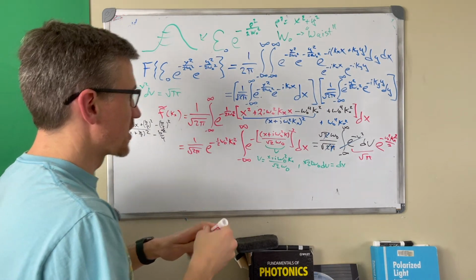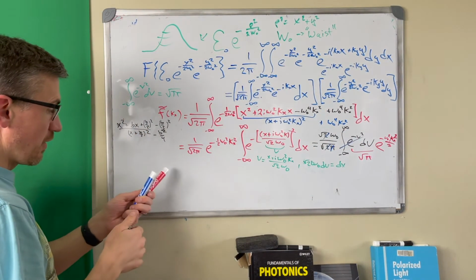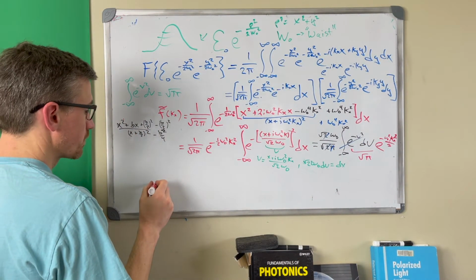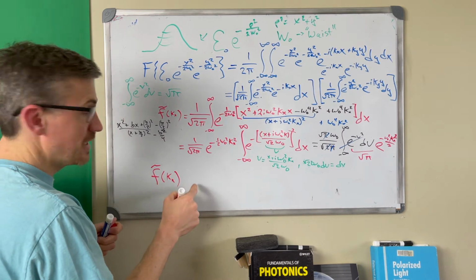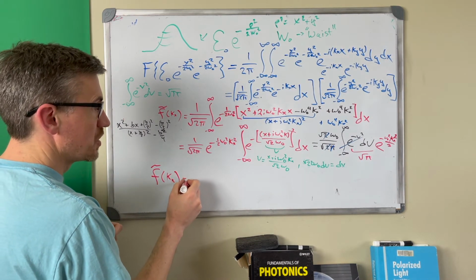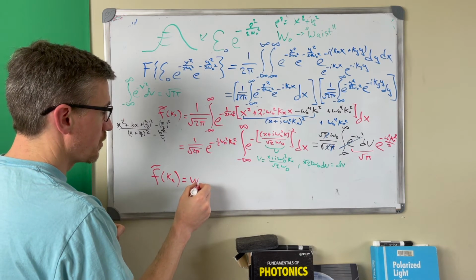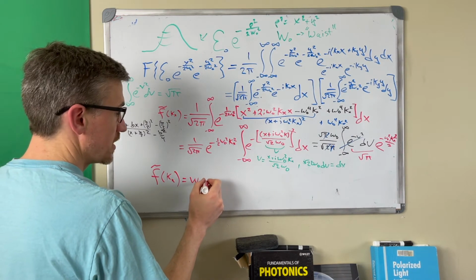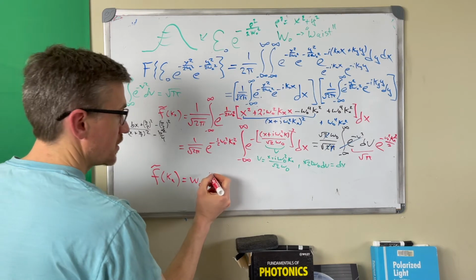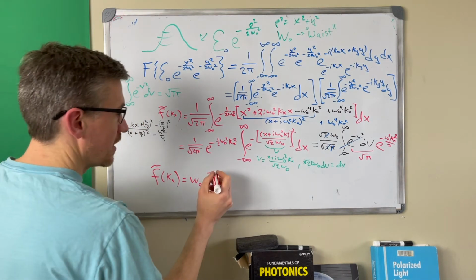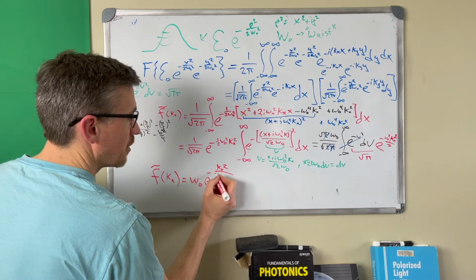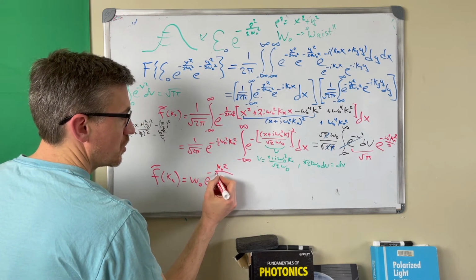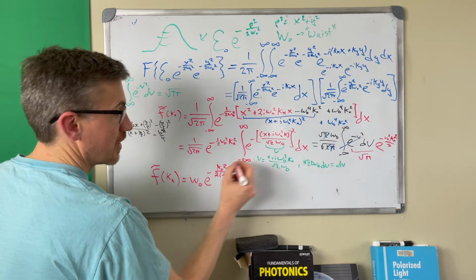So let's actually bring this down now. So we now have the Fourier transform in k space of kx is equal to, we had a function out front, w naught times e to the, well, let's write this in a funny way here, kx squared divided by 2 times 1 over w naught squared.